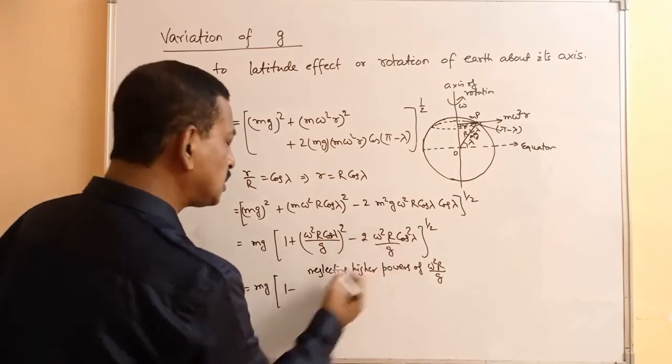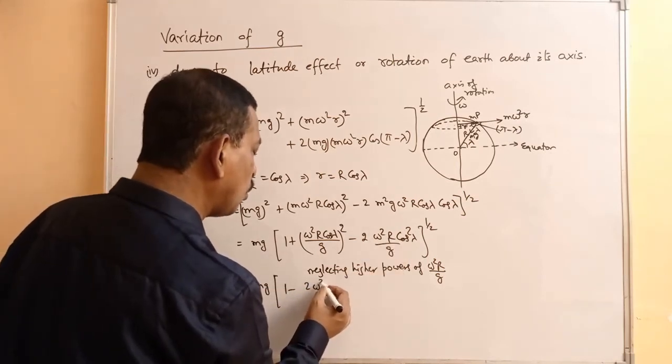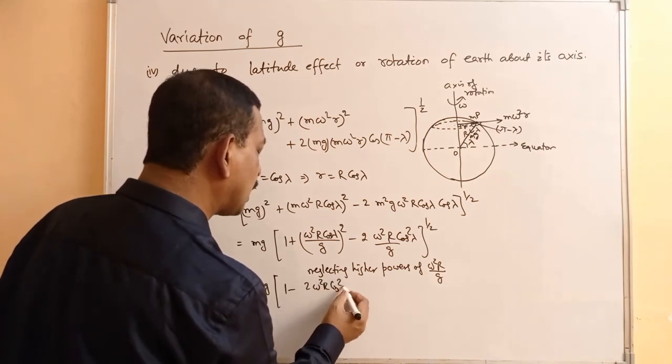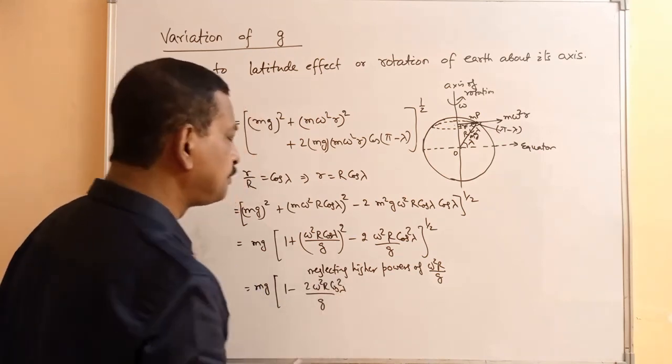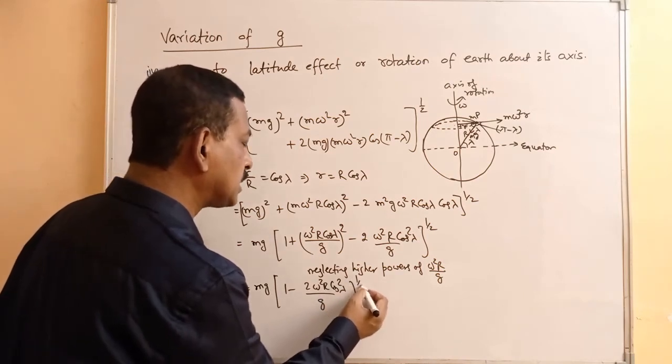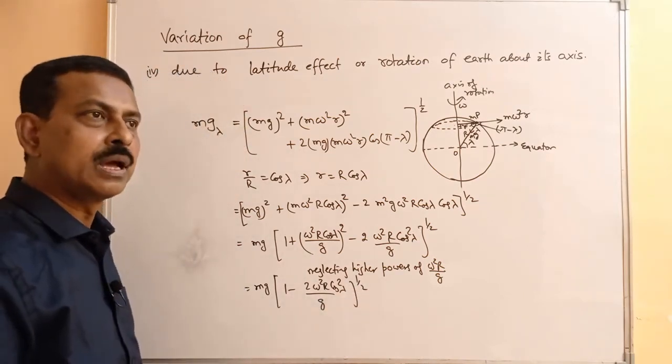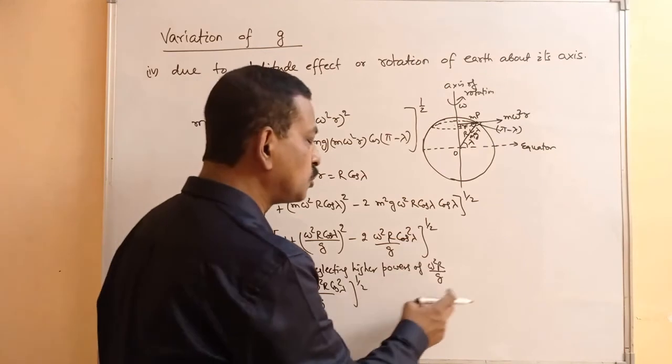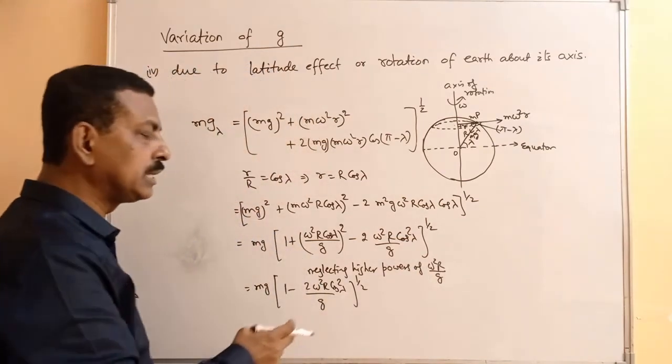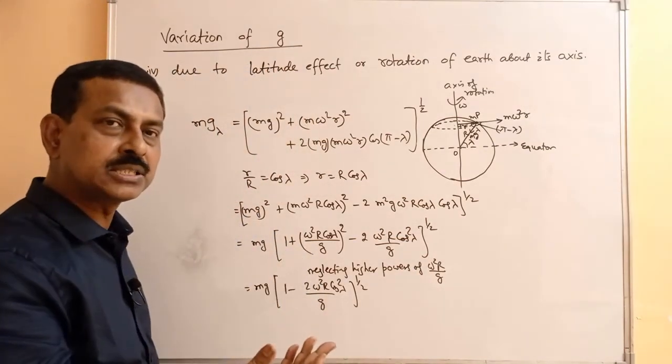1 minus 2 omega square r cos square lambda divided by g, and the term's power is half. Again, we have taken this term to be very small, so obviously we can again use binomial expansion there.